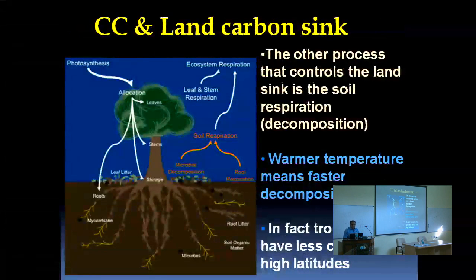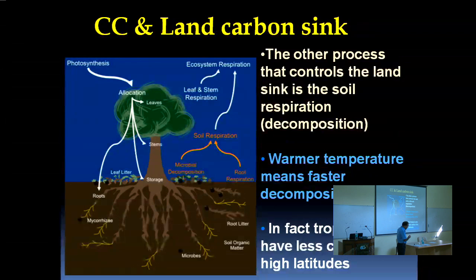Now, I think there is one more thing, which is what we call respiration. Respiration is basically the decomposition of the plant matter, right? Now, in fact, this respiration is mainly a function of temperature. So warmer temperature means the decomposition can proceed faster.